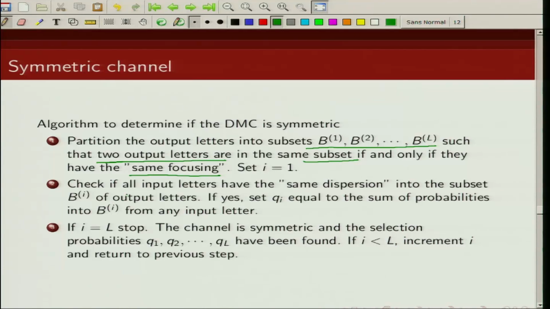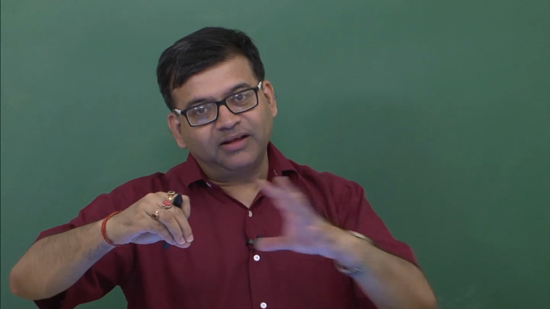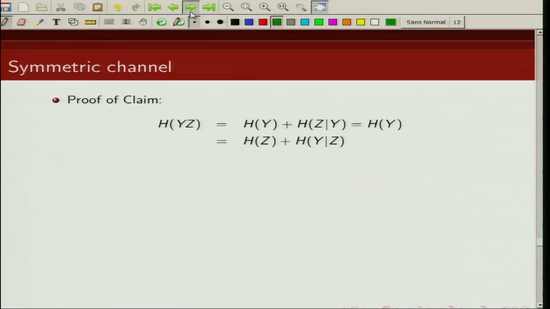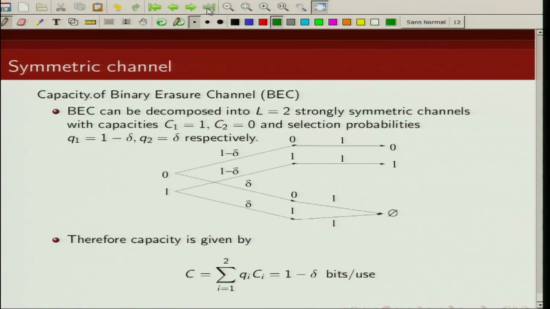The next step is to check if all inputs have the same dispersion. Now, how do you check the same dispersion? From the particular output symbol, you see the probability of the transitions from the input side. If you look at this particular example, you reach 0 from 0 with probability 1 minus delta.